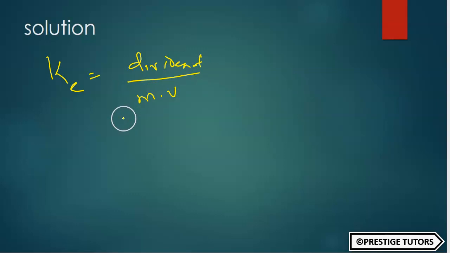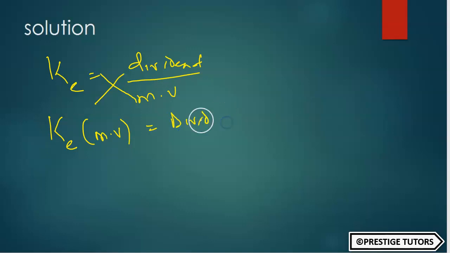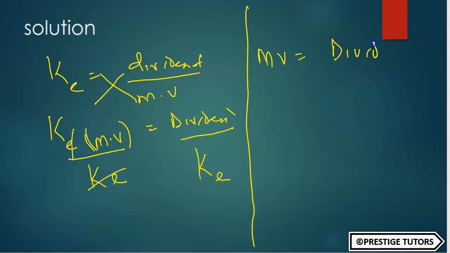If you want to make market value the subject of the formula, we cross multiply. Then we have KE into MV equals dividend, so MV equals dividend over cost of equity.